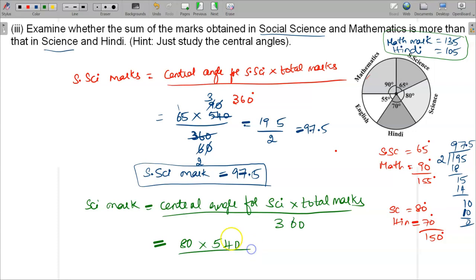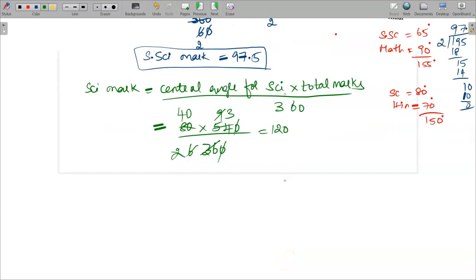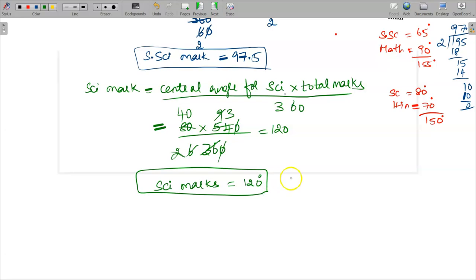So 540 divided by 360. Okay, so again can cancel out. 6 6s are 36, 9 6s are 54, 3 2s are 6, 3 3s are 9. Okay, this value can cancel out. 80 by 2 is 40. 40 into 3 is 120. Okay, so science marks is 120.